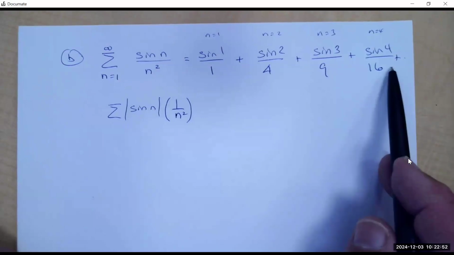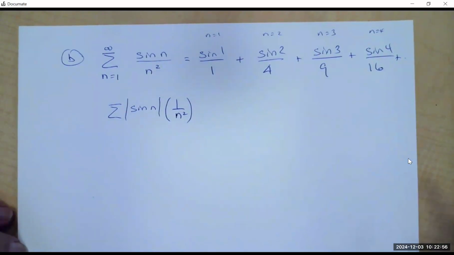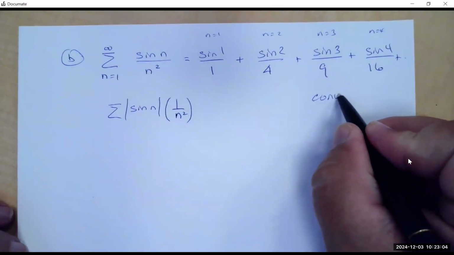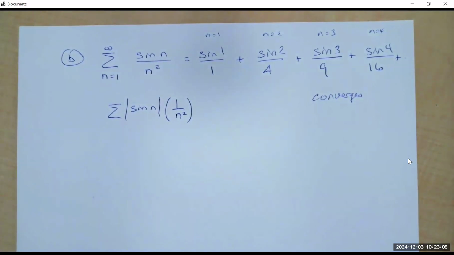What's happening to the bottom numbers? They're getting bigger. Does this sequence converge or diverge? Because the value is getting smaller and smaller as it goes along.